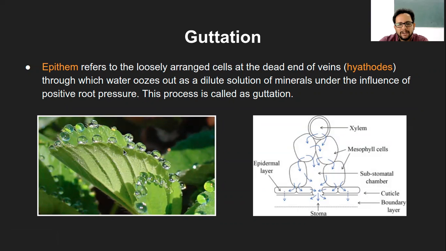So at the end of these veins, there will be quite a lot of pores which are specifically called hydathodes. Hydathodes are the structures present at the end of the veins through which guttation happens, and they are a part of your epithem tissue, which is made of loosely arranged dead cells.